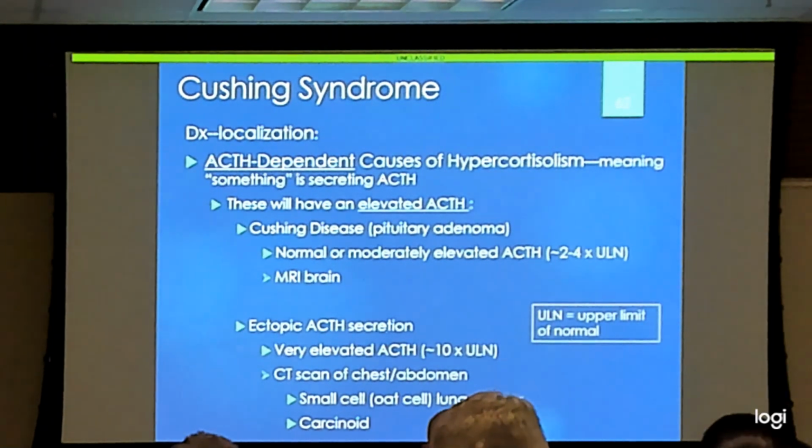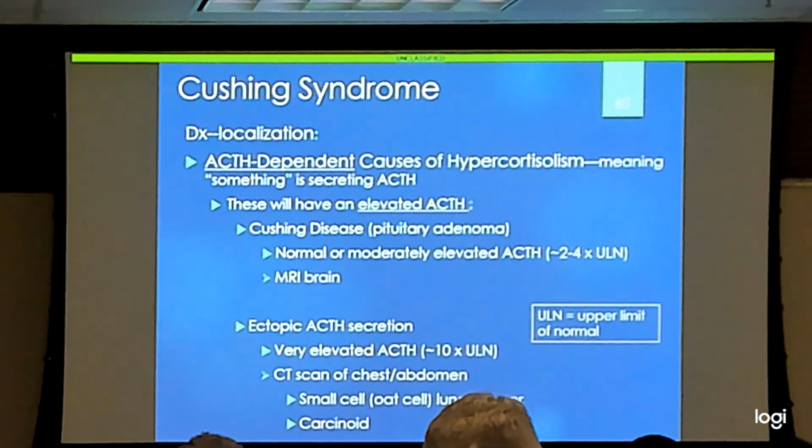If it's 10 times the upper limit of normal, 10 times 10, that would be an ectopic source. If my number is 20, is that 10 times the upper limit of normal? No, but it's a little elevated. So in Cushing's disease, it's normal or moderately elevated, 2 to 4 times the upper limit of normal.